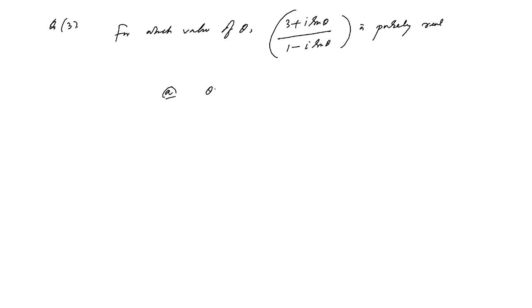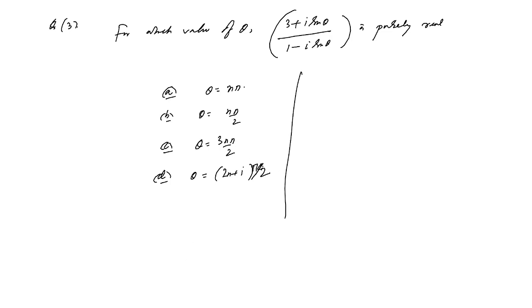Option A, theta equals n pi. Option B, theta equals n pi by 2. Option C, theta equals 3n pi by 2. And option D, theta equals (2n plus 1) into pi by 2. So these are the options.